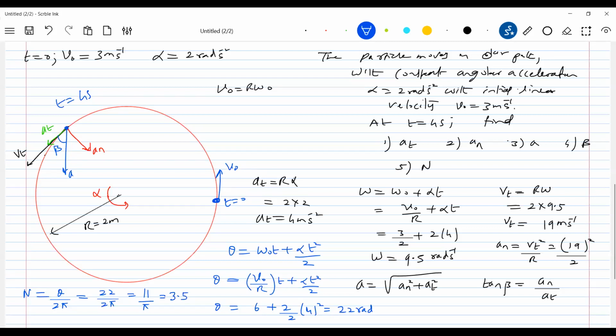Now, what should we interpret? This is the number of revolutions, so how many rounds has it completed? It will start like this at t equal to 0 with initial velocity V naught: 1 round, 2 rounds, 3 rounds.